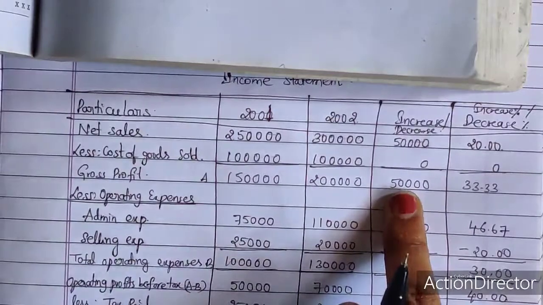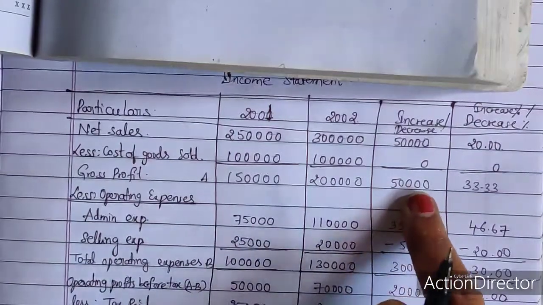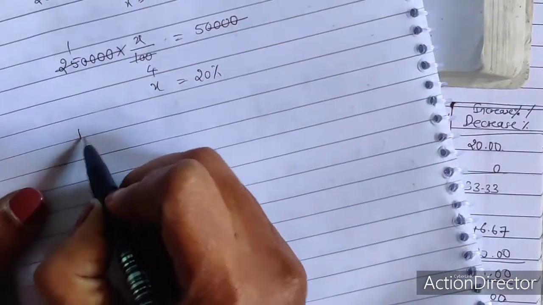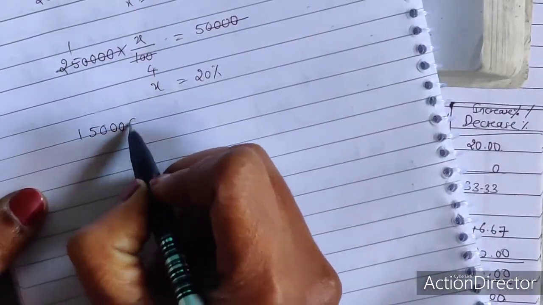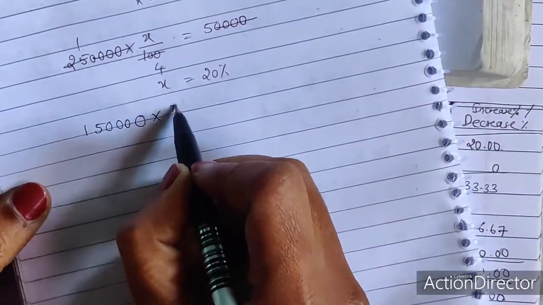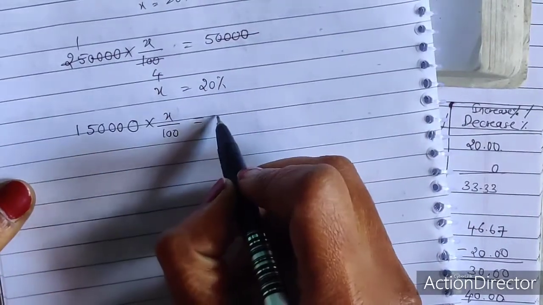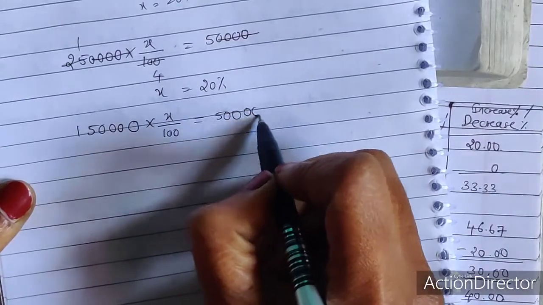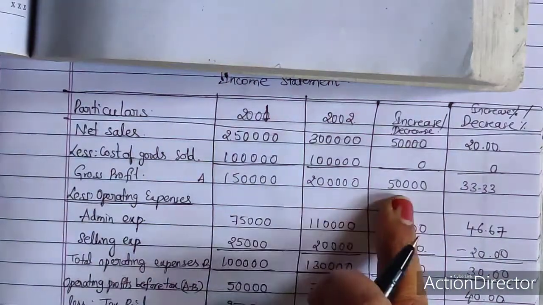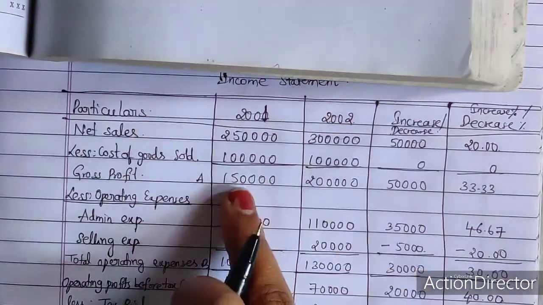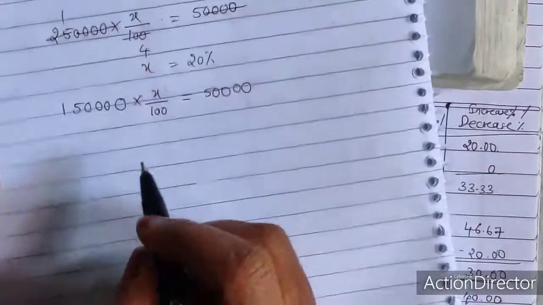That means the increment amount is 50,000. So here we need to find out the percentage. In 1,50,000, what is the percentage of 50,000 rupees?